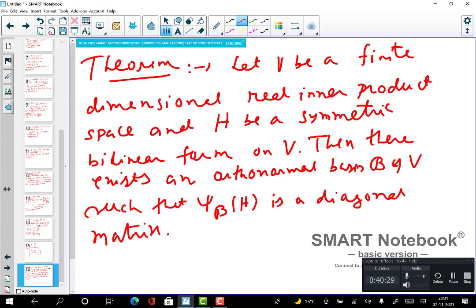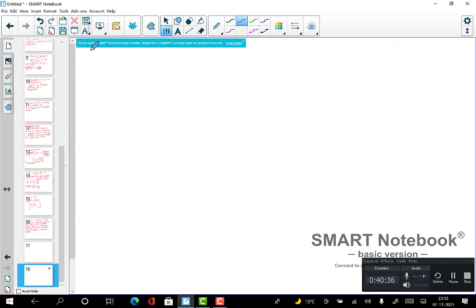This is a very strong condition for a real inner product space, and the proof is not difficult. It follows from the fact that any real symmetric matrix is orthogonally diagonalizable, right?